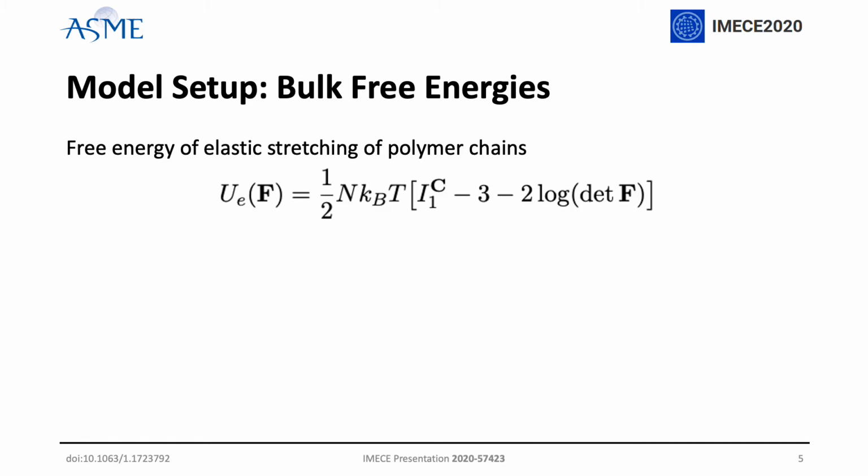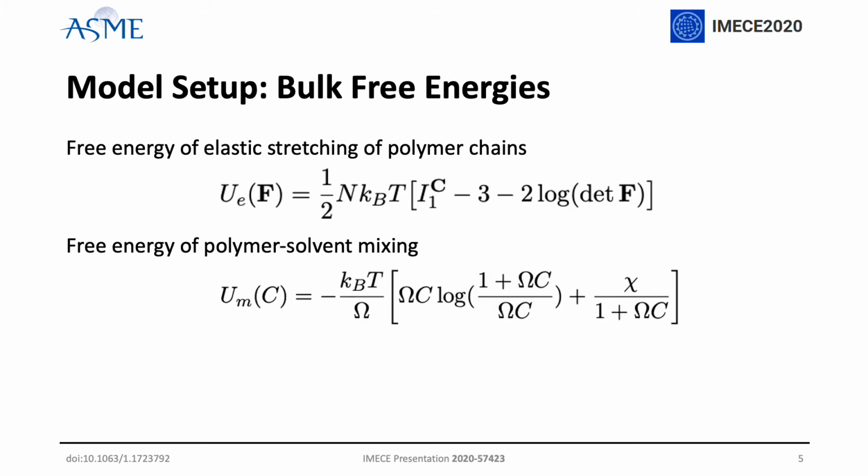We have a free energy associated with elastic stretching of polymer chains and a free energy of mixing of polymer and solvent molecules. The first is listed, where N is the effective number of polymer chains per unit volume of the polymer. Kb is Boltzmann's constant, T is temperature, and this is the first invariant of the right Cauchy-Green tensor.